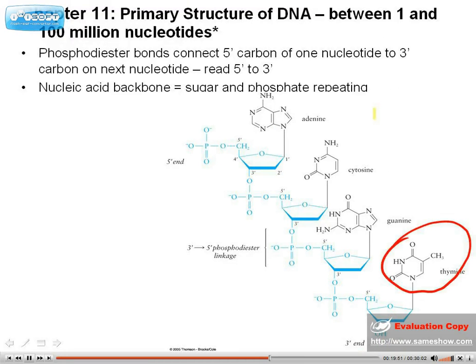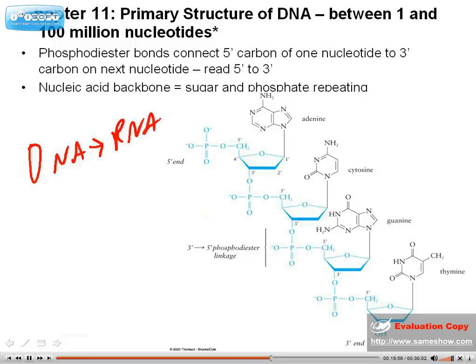So if I wanted to convert it from DNA to RNA, all I'd have to do is add in my alcohols. And I'd have to convert the thymine to a uracil.